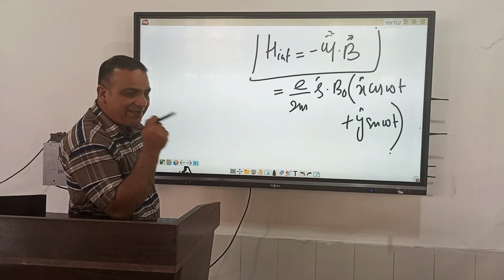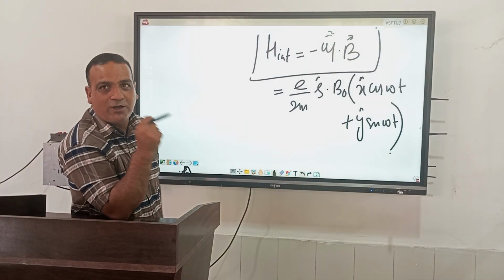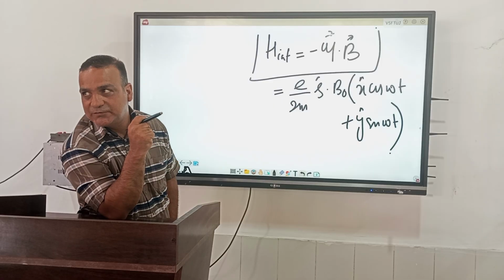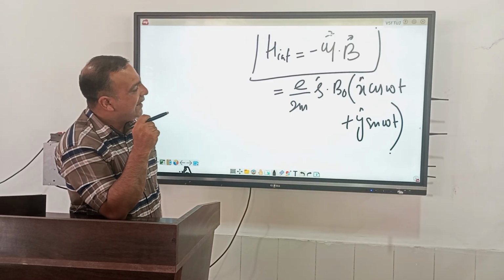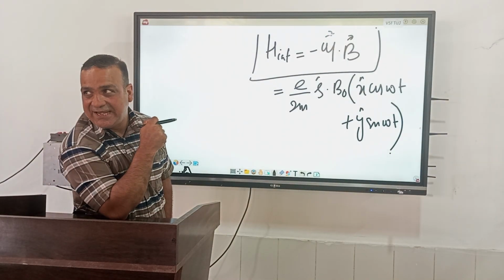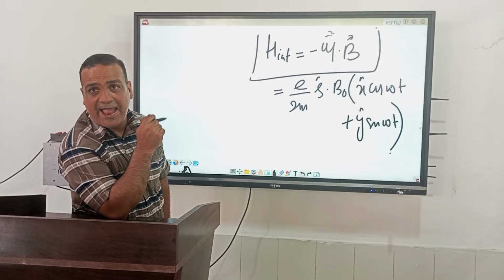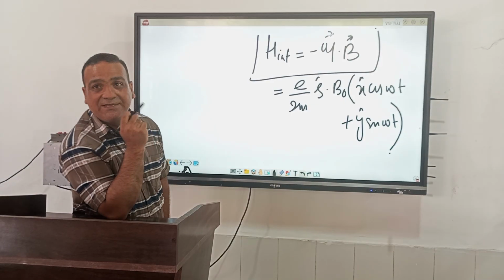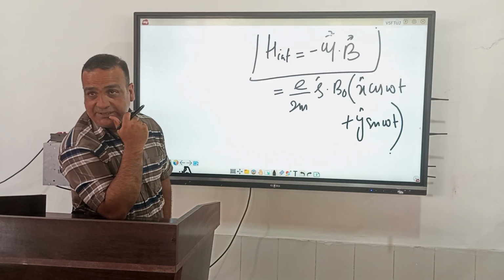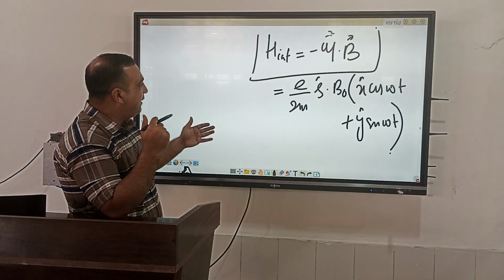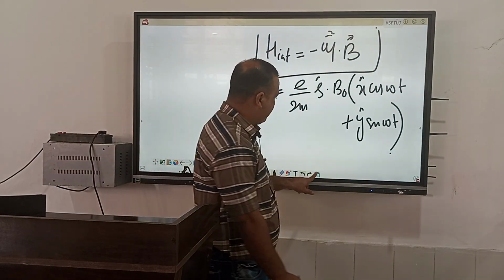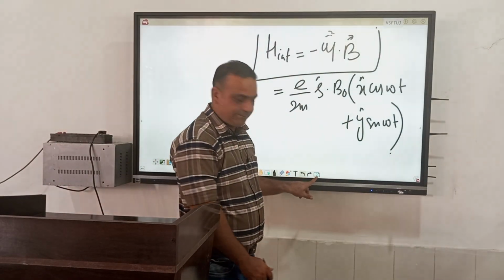Now, if you rightly go back, we have already talked about Pauli's spin matrices. And instead of using the components here as x cap and y cap, I will be introducing the Pauli spin matrices. So I'll be directly using Pauli spin matrices. Have you written it down? Okay.